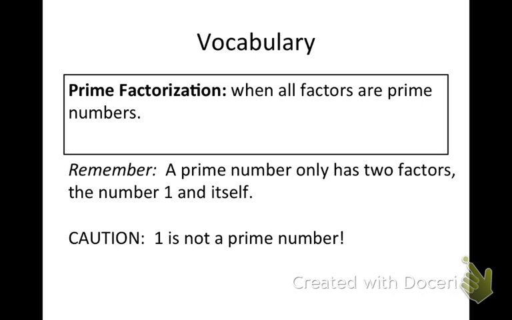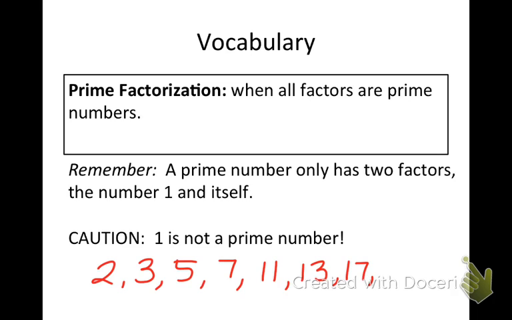We call it composite. So let's quickly come up with a list of prime numbers. 2, 3. Is 4 prime? No, because 4 is 2 times 2. 5 is prime. 7 is prime. 11. 9's not, because 3 and 3. 11, 13. 10's not, because of 5 and 2. 17. 19. 23.